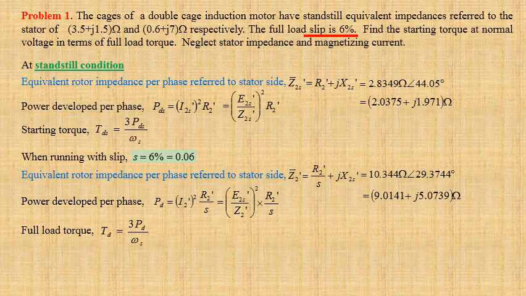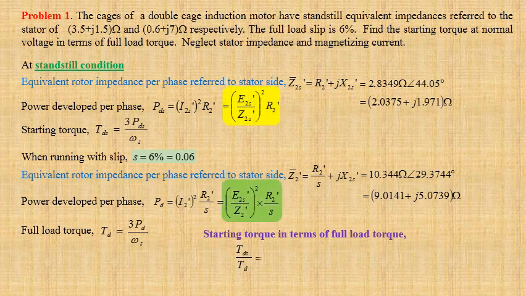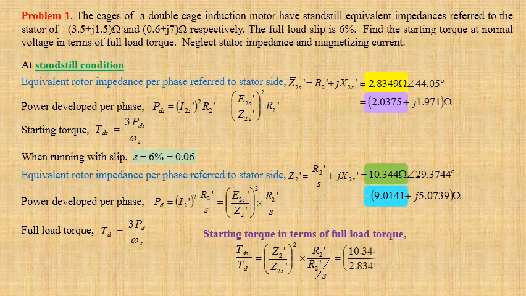At normal voltage, starting torque in terms of full load torque, TDS by TD equals Z2 dash by Z2S dash whole square into R2 dash divided by R2 dash by S. Using values we get 10.344 divided by 2.8349 whole square into 2.0375 divided by 9.0141, that gives us 3:1.